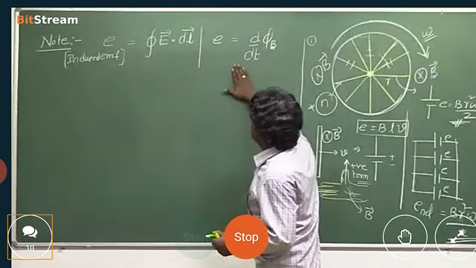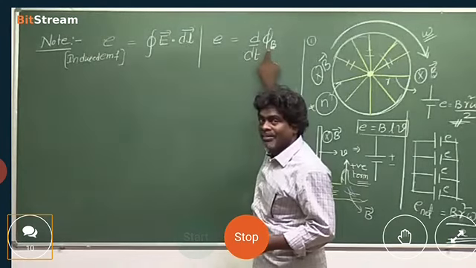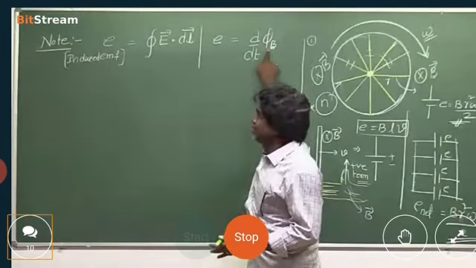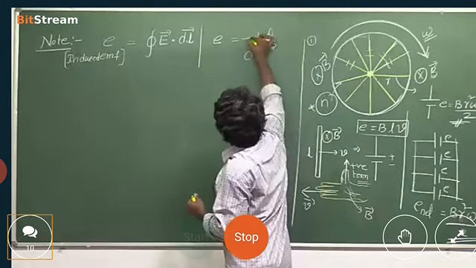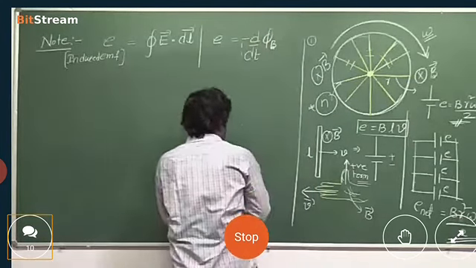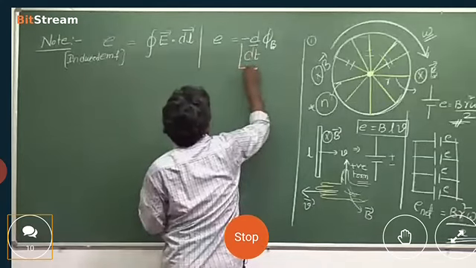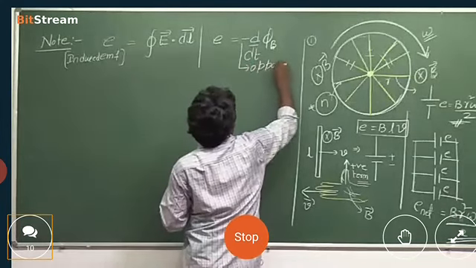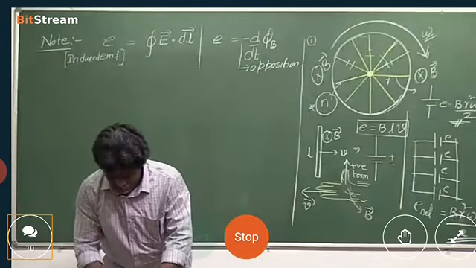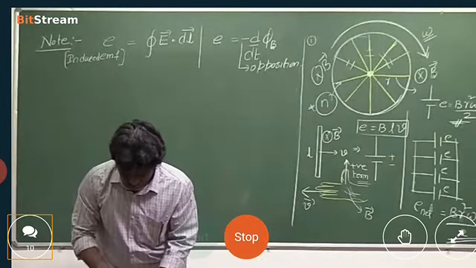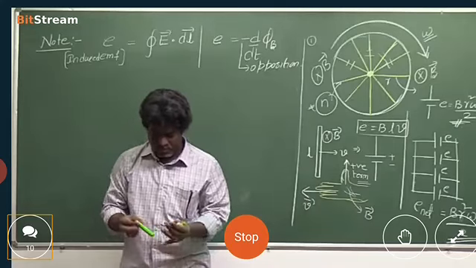Earlier we have done the problems using this only. First you find phi, equal to BA cos theta, then you differentiate it and you get E. And of course a minus sign will be there. This minus indicates what? Opposition. Always someone will be there who will oppose. Otherwise we won't work properly.